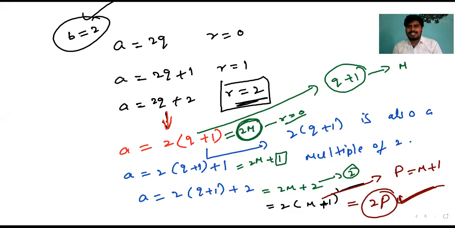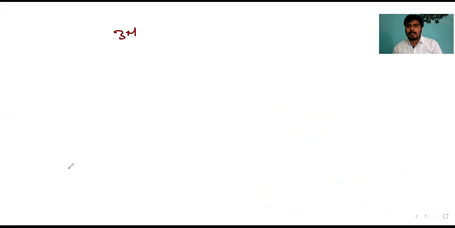Simply remember, if you write 3m, it is a multiple of 3. 3m plus 1 is a number that is 1 more than a multiple of 3. 3m plus 2 is a number that is 2 more than a multiple of 3.